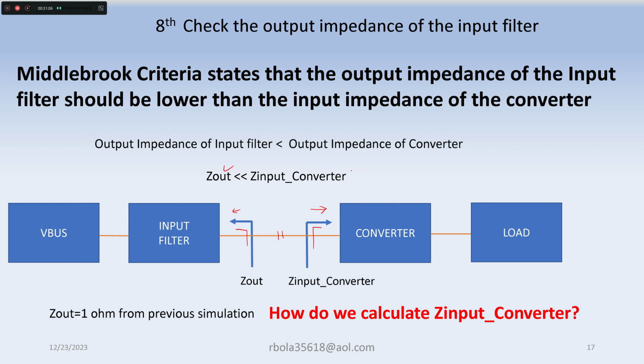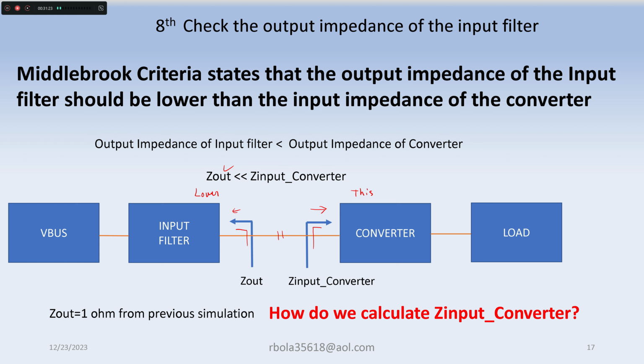So that's basically the Middlebrook criteria. You want this to be much lower than this. If they're equal, then you're going to have instability.